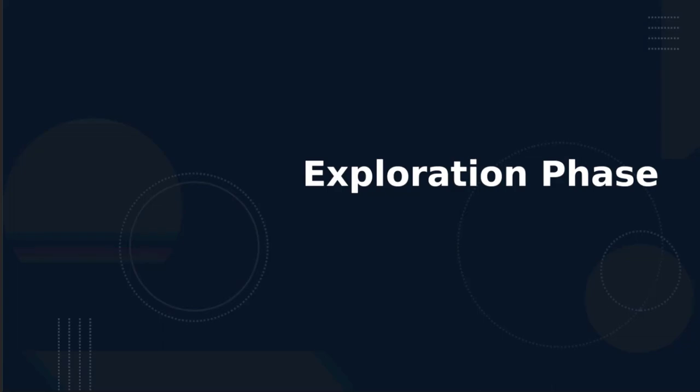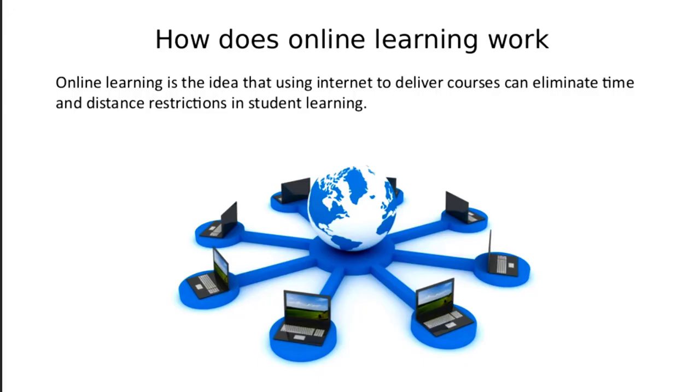So let's talk about how online learning works. Online learning is this idea that by using the internet, we can deliver courses to people around the world, and it eliminates the time and distance restrictions that students have. I've taken online courses from as far away as 2.5, 3 hours, and it was great because it was a top tier university for the degree that I was getting, but it would have been too much for me to commute.